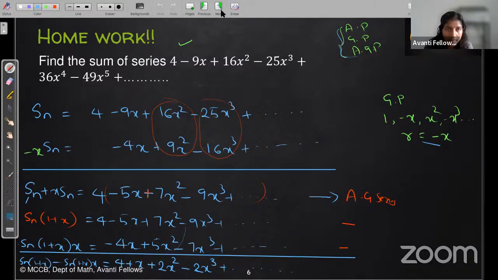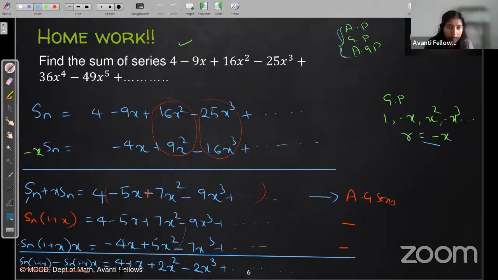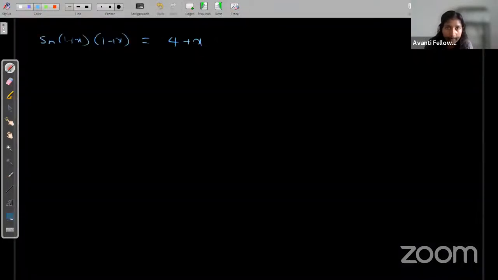Fine. Now, let me write the same thing on the next page. Observe here. Sn 1 plus x is a common term. So what will I get? I will get Sn 1 plus x into 1 plus x equal to, I have 4 plus x plus 2x squared minus 2x cubed plus so on, right?